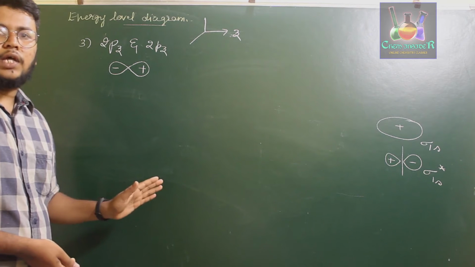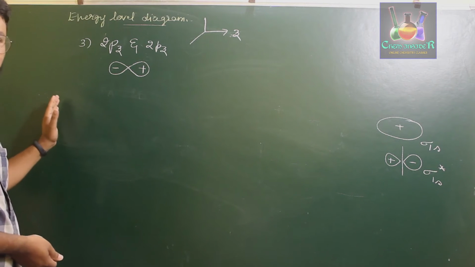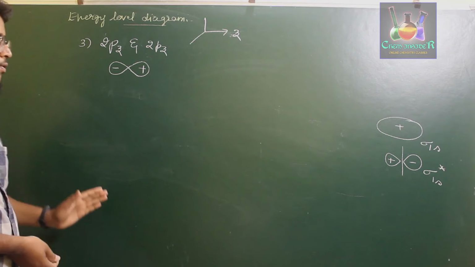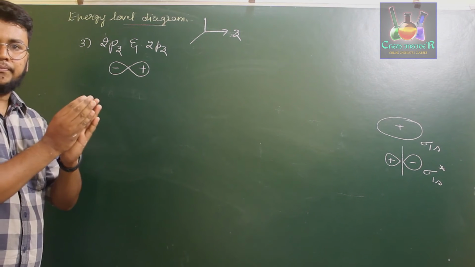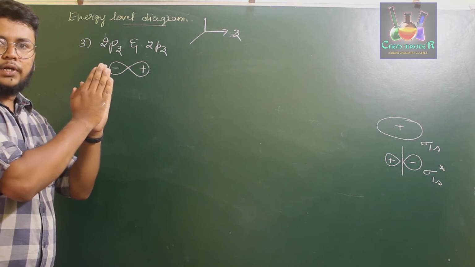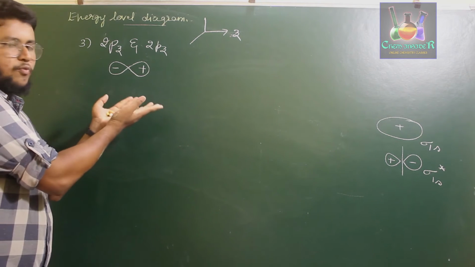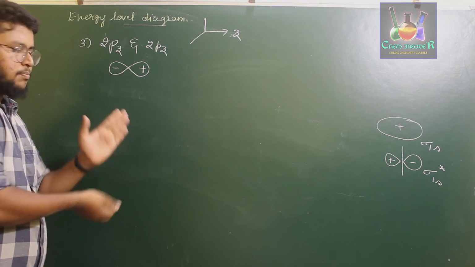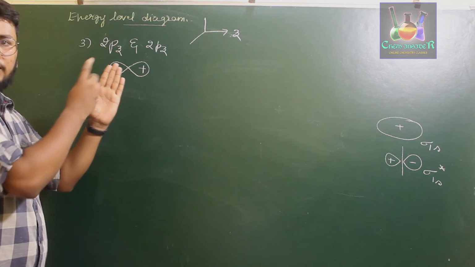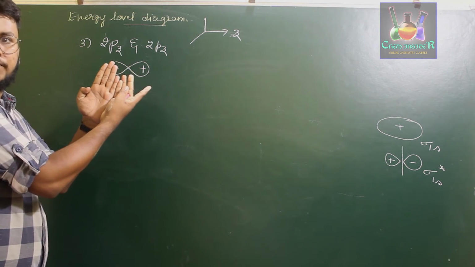Even though they have the same energies, we write one on the left and one on the right, and we have the molecular orbital in the center. So it's like a folded sheet. If you consider this as the folded sheet, both these atomic orbitals are on the same side, but when you split them open in this particular direction, one of the orbitals will be in the mirrored position, right?